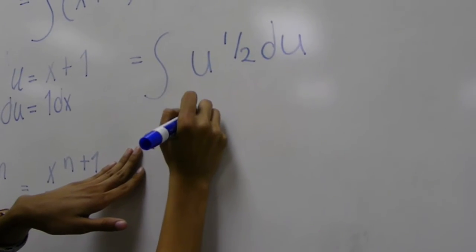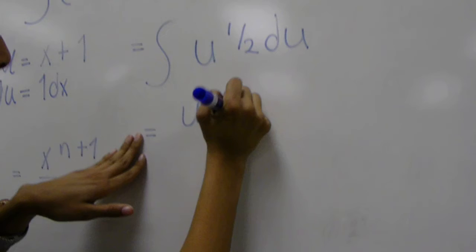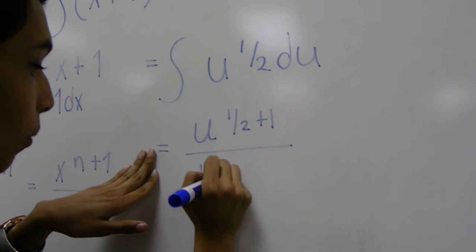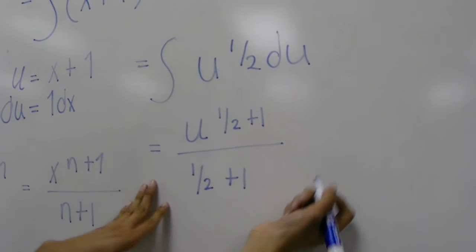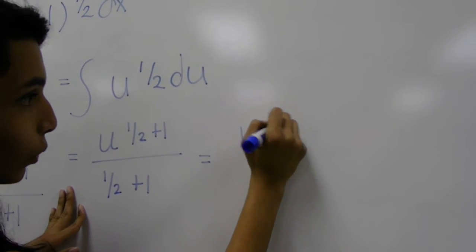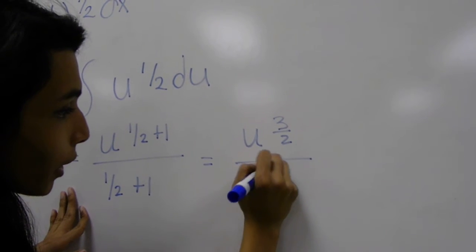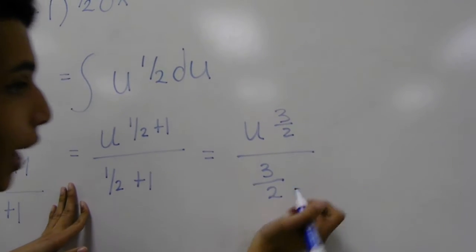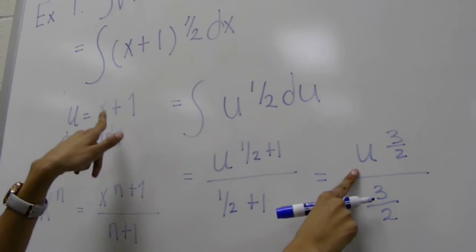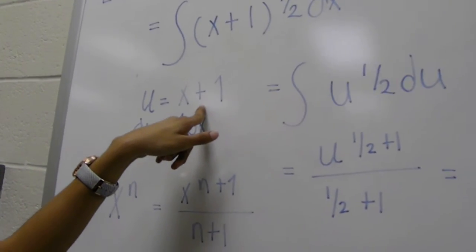So we're going to have u to the 1/2 plus 1, and we do the same thing on the bottom, 1/2 plus 1, which we simply know is going to be u to the 3/2 divided by 3/2. Once we have this, we have to go back to our u substitution, which is x plus 1.